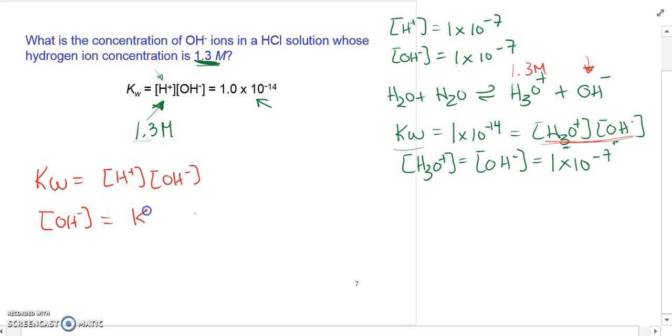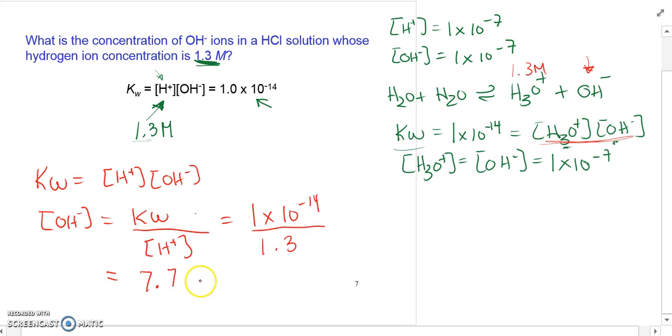We know that we're trying to figure out the concentration of OH minus. So that's equal to Kw divided by the concentration of H plus, which is equal to 1 times 10 to the negative 14 divided by 1.3. We put those numbers in our calculator, and we should get 7.7 times 10 to the negative 15 molar.